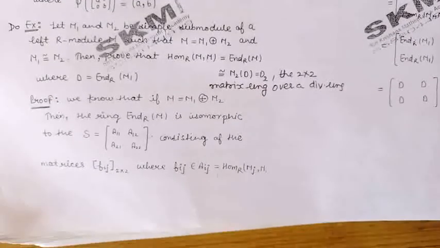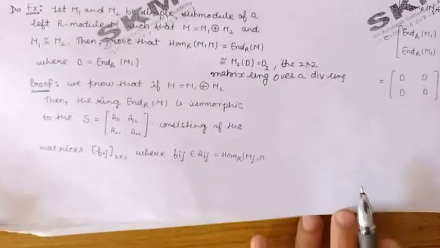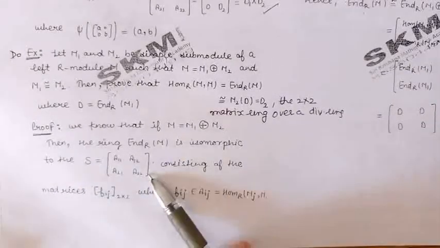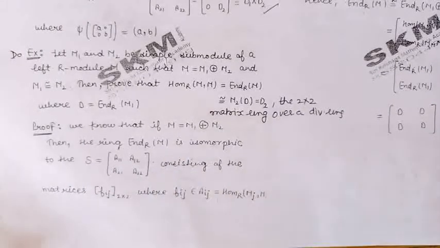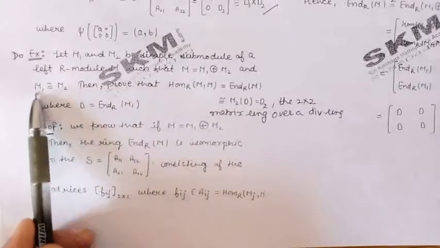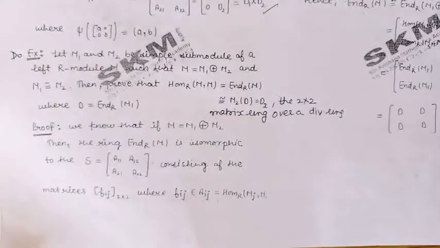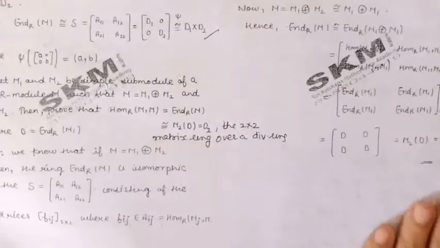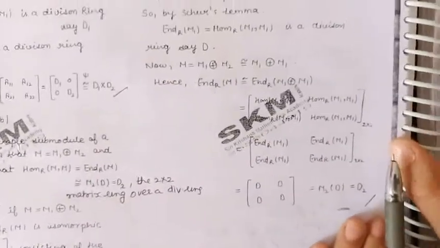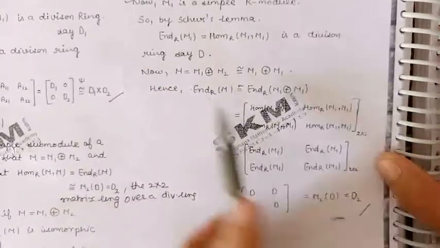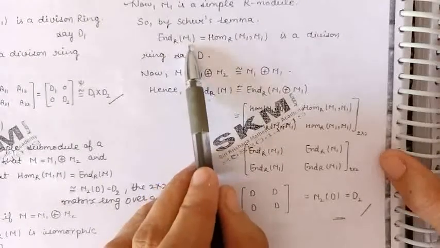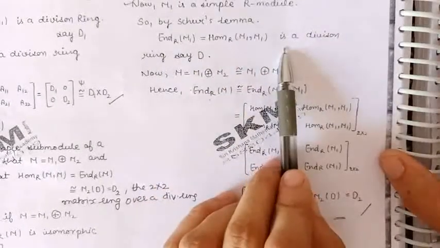Now, to prove this, again, first of all, you will prove the theorem which I stated earlier. Now here, because we are given that M1 and M2 are isomorphic, and also M1 is a simple R module, we can use Schur's lemma. By Schur's lemma, the ring of endomorphisms of module M1 is a division ring.